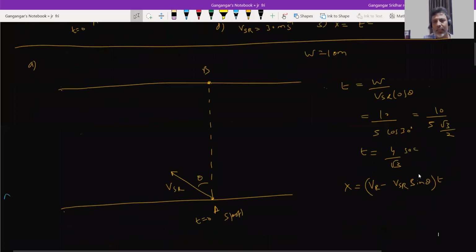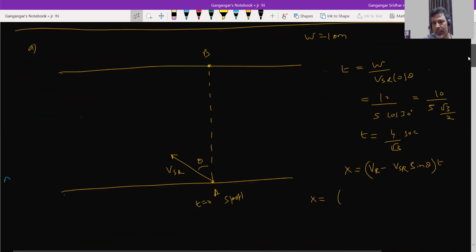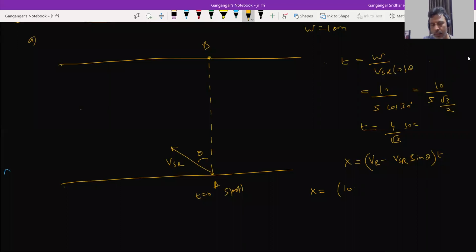You try to see that one. Like yesterday, what we discussed, that only we are applying. So x is equal to velocity of river, 10. VSR is 5, sin 30 is 1 by 2.